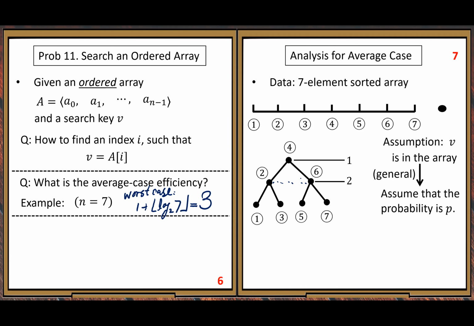This is our final binary tree representing the comparison situation for this 7-element ordered array. And for the third comparison, the bottom 4 elements require 3 comparisons.